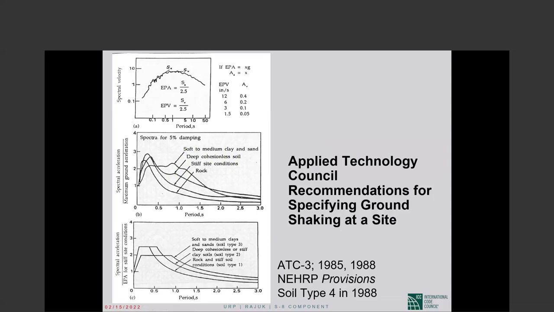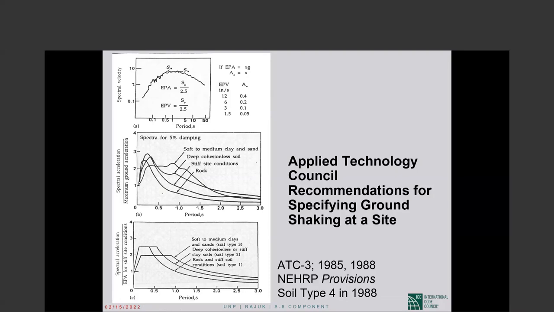For those different soil conditions, rock, stiff site conditions, deep cohesionless soil, soft to medium clay and sand, he came up with smoothed average spectra, as you see in the figure.